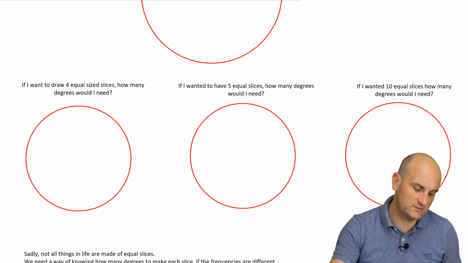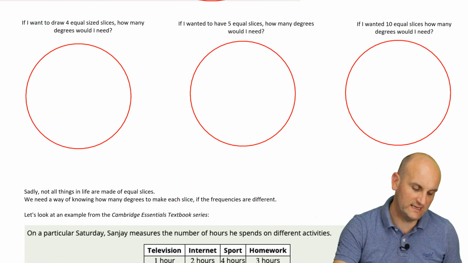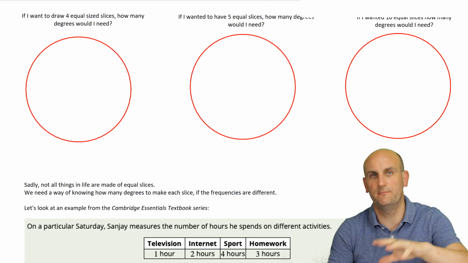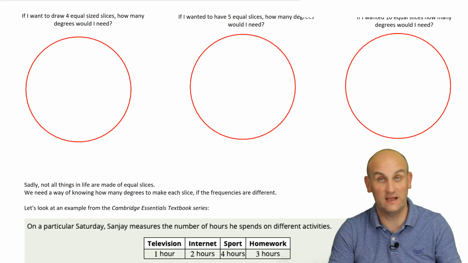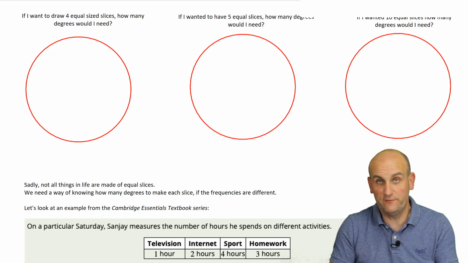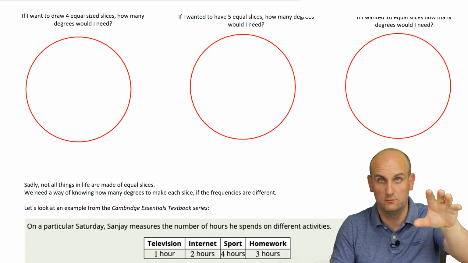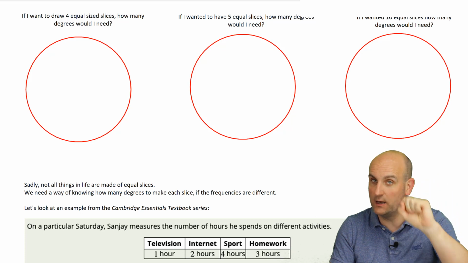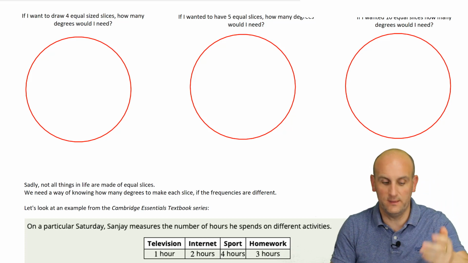So how do I use that information and degrees if I wanted to split my circle up now? I almost said triangle there, but no, that was a mistake. Well, again, like we did before, if we know the total and we know the number of slices we want, then we can work it out.